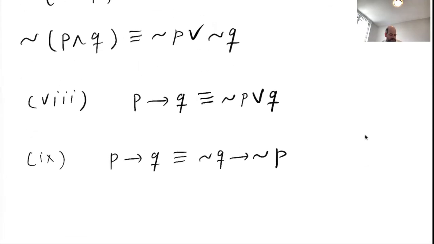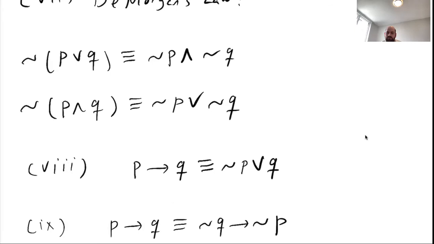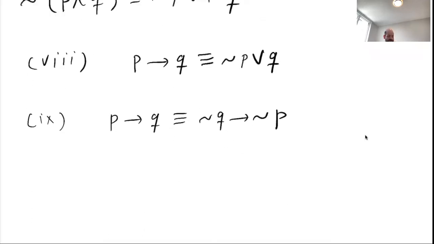Okay, so this is just an example of 8, but for any of these identities, if you want to prove them, again, the easiest way is to use the truth table.